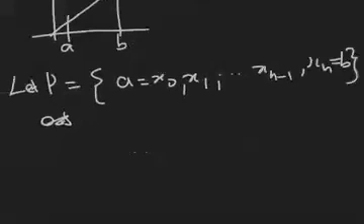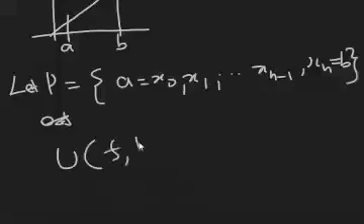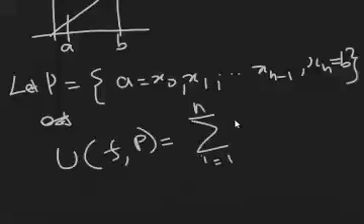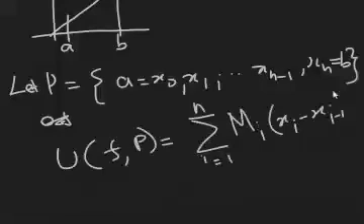And the lower and upper sums. The upper sum of f corresponding to partition P is given by this summation. It goes from 1 to n, capital M sub i times (x_i minus x_{i-1}), the width of this subinterval.